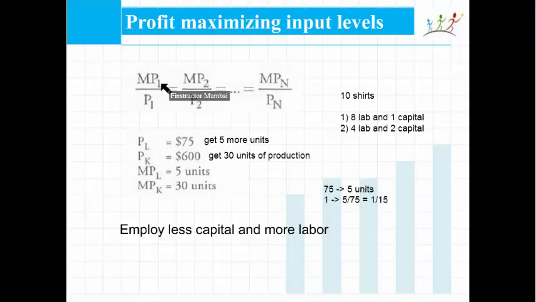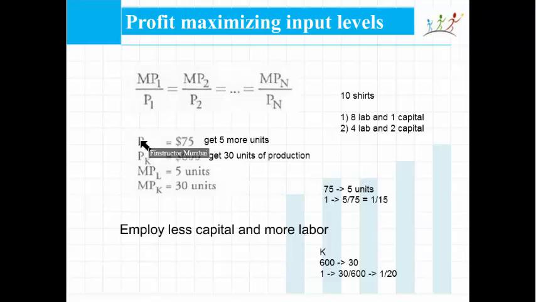That is the marginal product per dollar spent, MP by P. So for $1 spent on labor, I'm getting 1 by 15 units. Let's see in case of capital. For $600, you are getting 30 units of production. That means for $1, you are effectively getting 30 by 600 or 1 by 20 units of production.